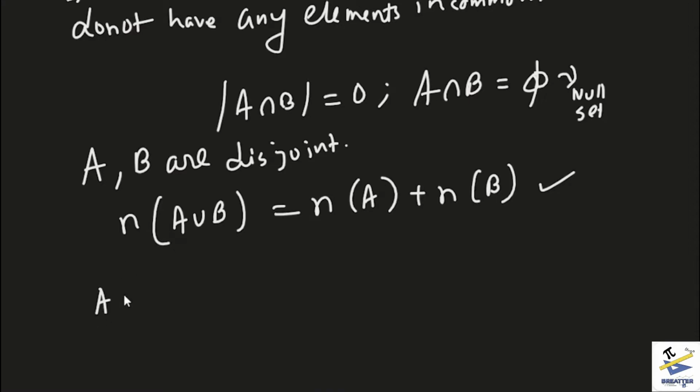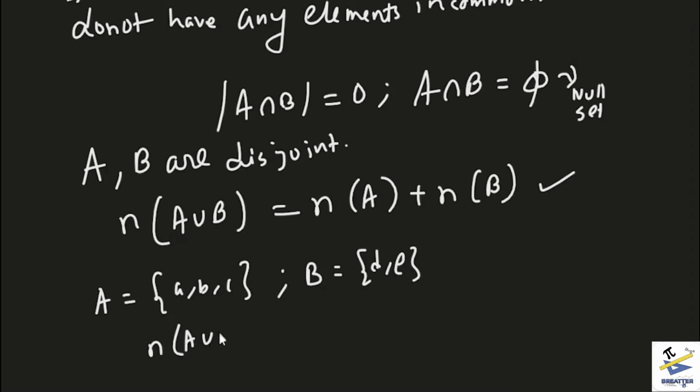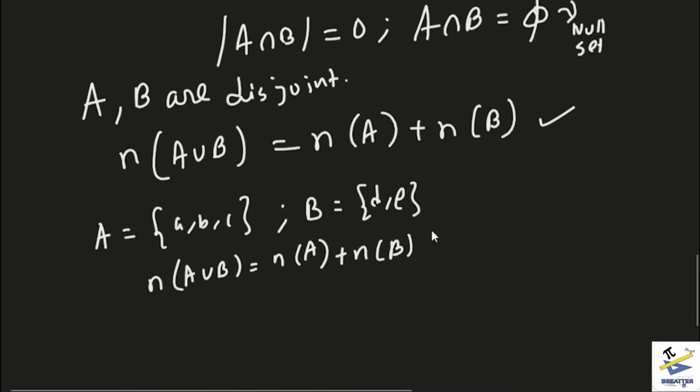So if, for example, say A is {a, b, c}, so it has 3 elements, and B has 2 elements, {d, e}, and all of these 5 elements are distinct, then obviously n of A union B should be 5, which is nothing but n of A plus n of B, right? So as you can see, they have no common element, so obviously that makes sense.